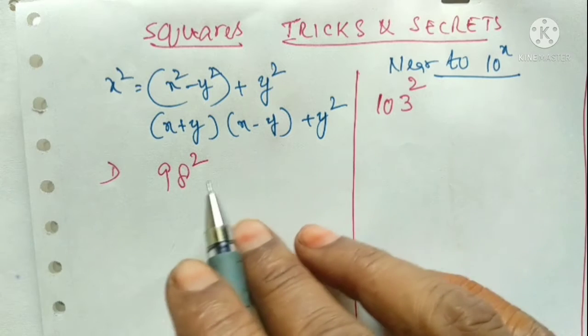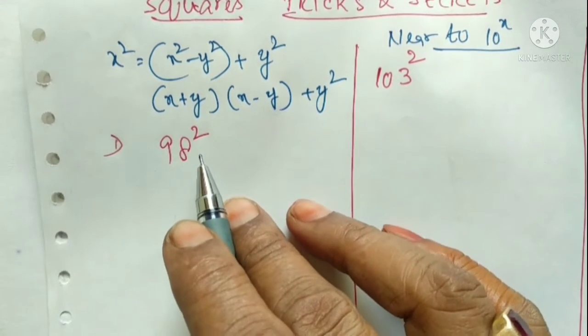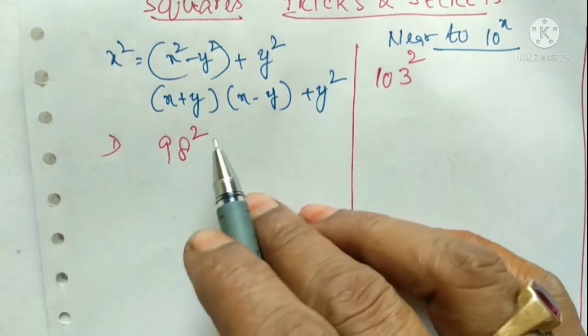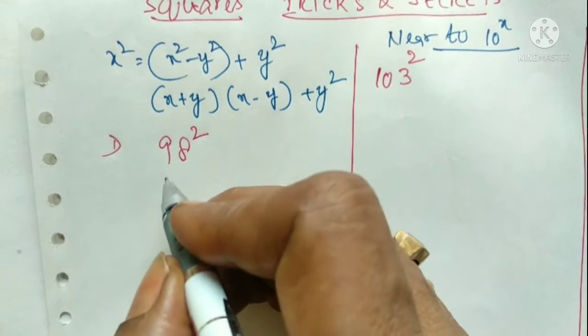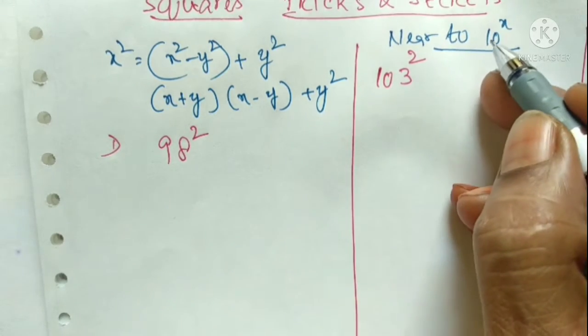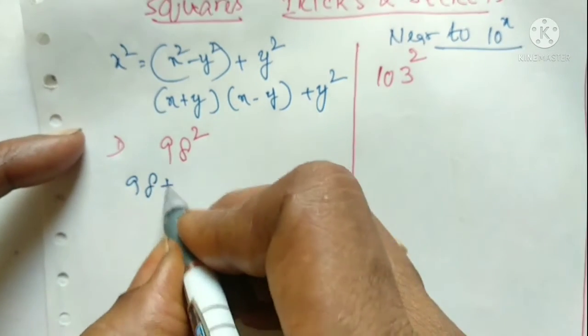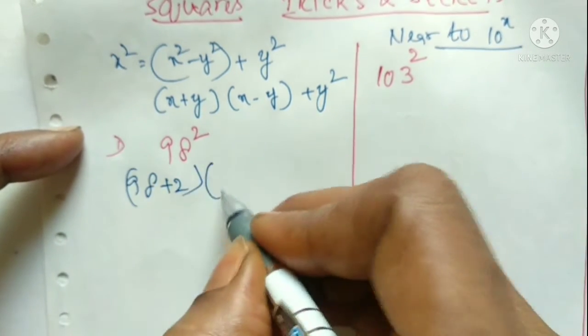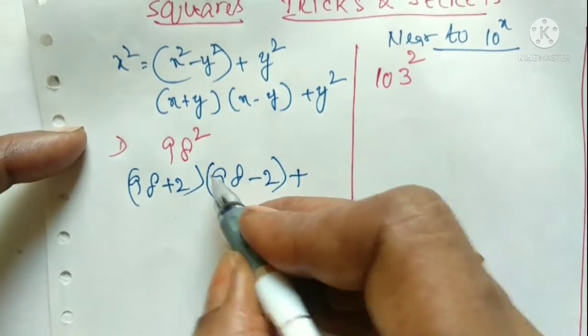Now we are taking a number which is near to 100. Now the 98 square. The formula is (x plus y) into (x minus y) plus y square. Now 98 is very near to 100. So we are using (98 plus 2) into (98 minus 2) plus 2 square.